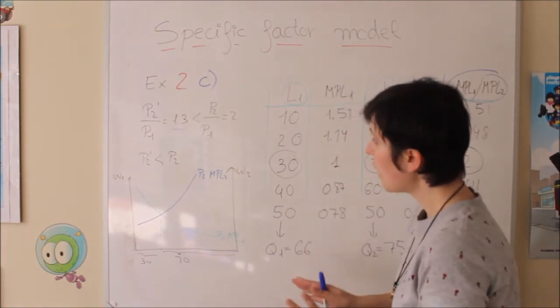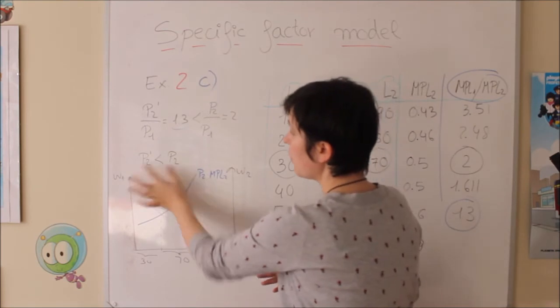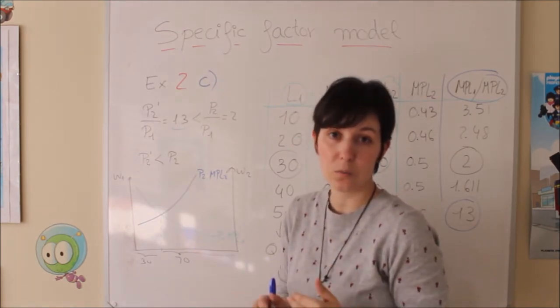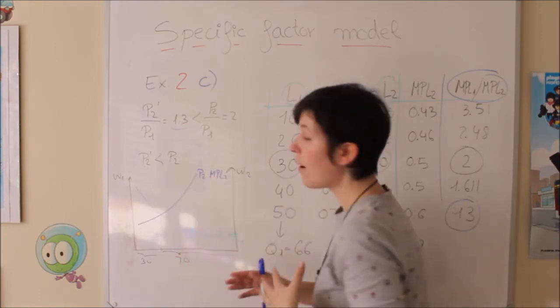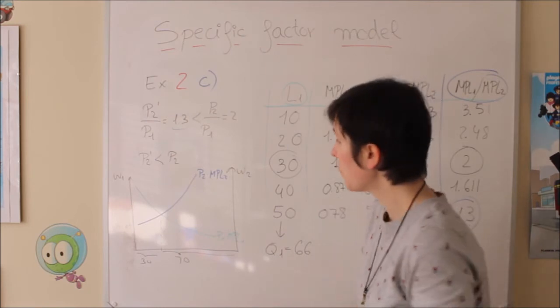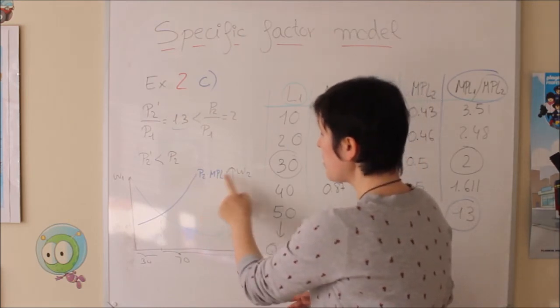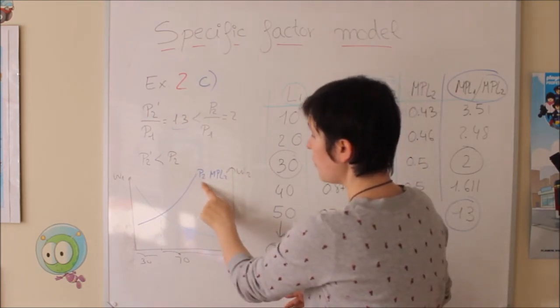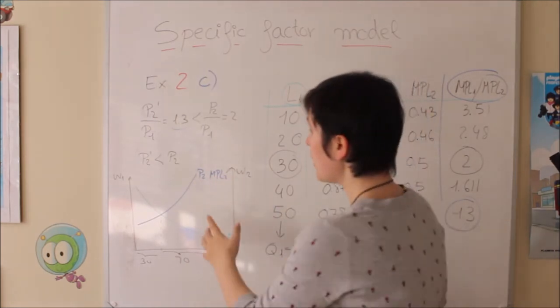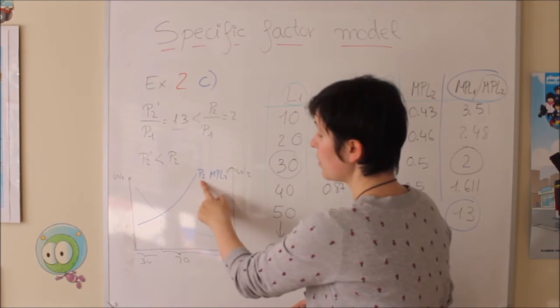In fact, the price of good 2 now is different. More specifically, it is smaller. So that is going to have an effect on the demand for labor in that industry. Because if you remember, the wage is also equal to the price of the good times the marginal product of labor in that industry. Now the price is smaller, so it's not this anymore.